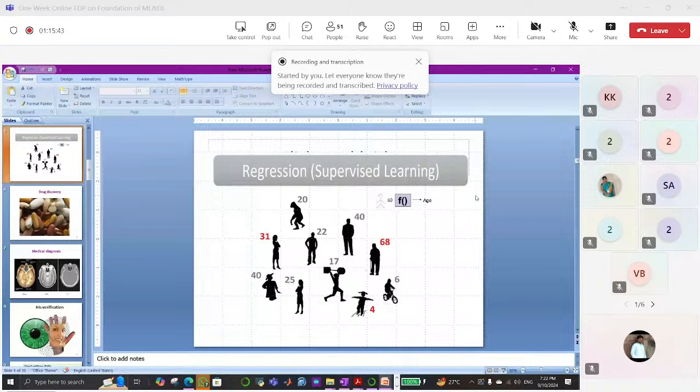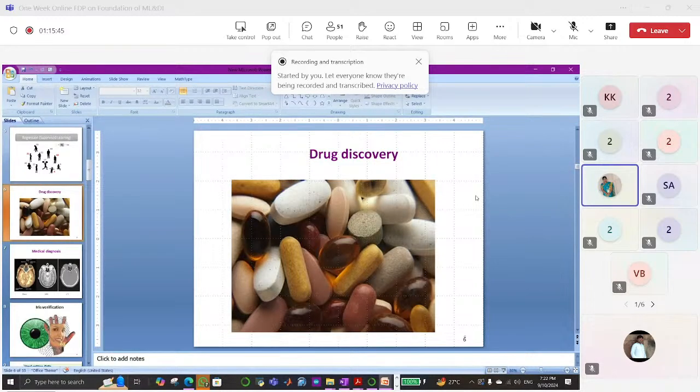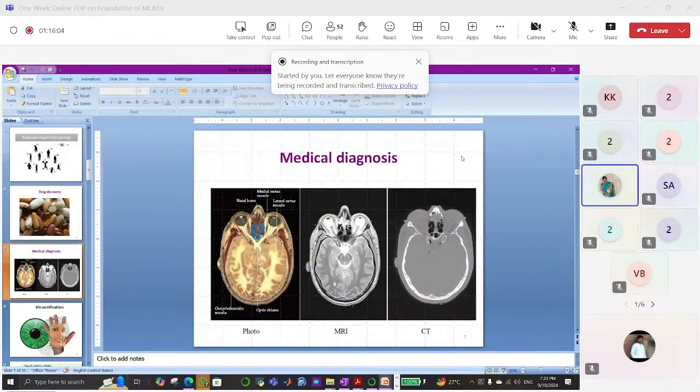Next, drug discovery. Using machine learning algorithms, we can discover which one is a good medicine or drug. Okay? Depending upon the labels, we need to apply the training process. After that, we can discover the drugs also. Next, medical diagnosis.